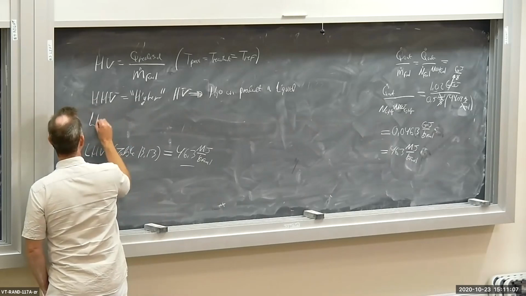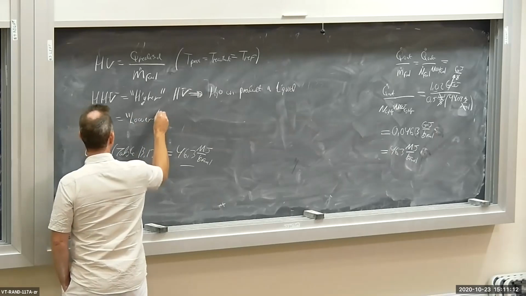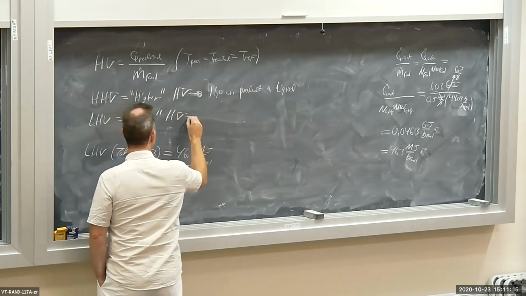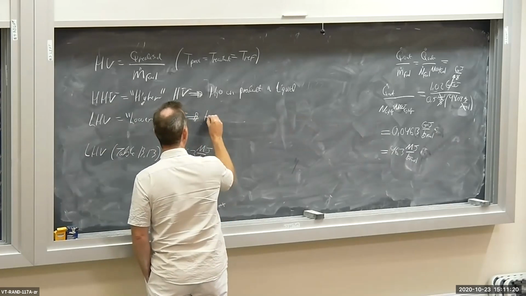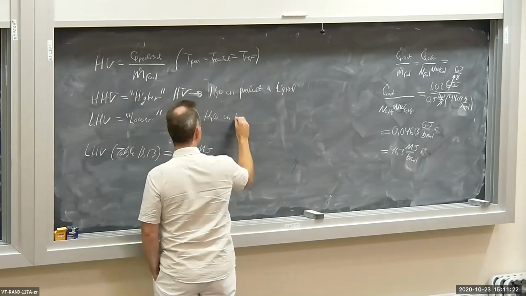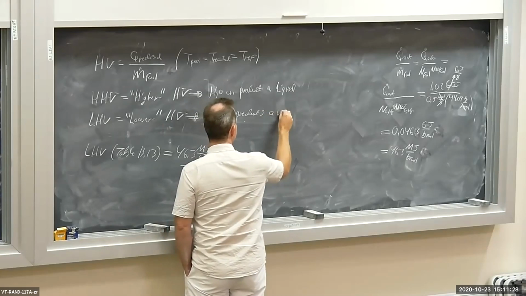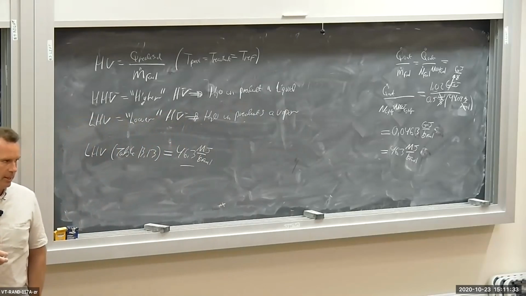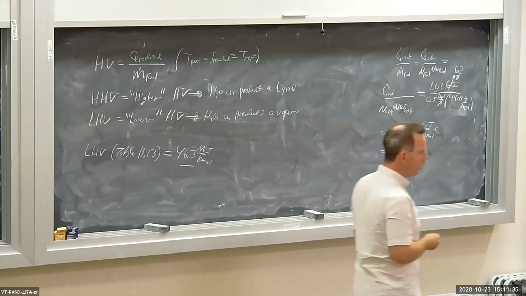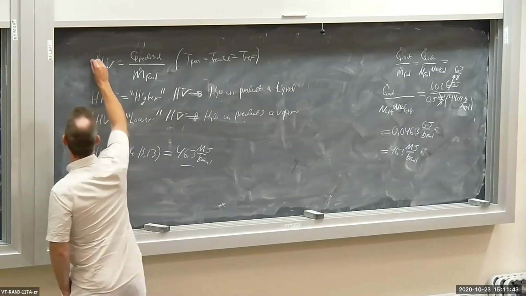The lower heating value: we're extracting out less energy, because the H2O in the products is a vapor. So we can extract out less heat from the flow. I would put a little box around this.